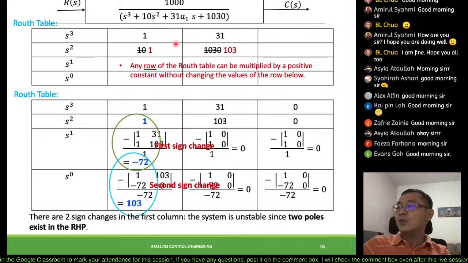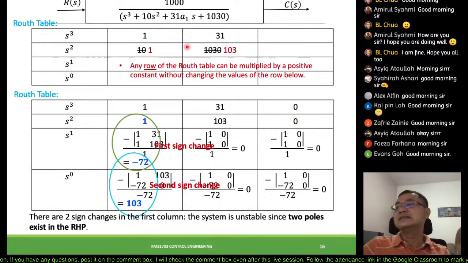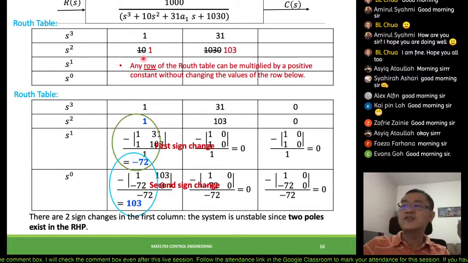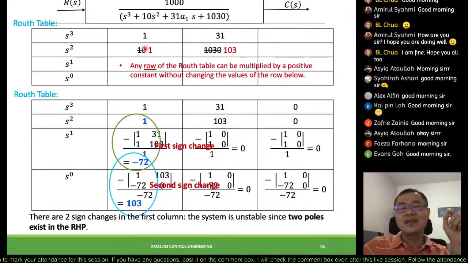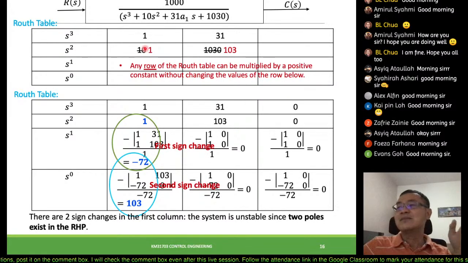Then once we get this one, actually in the Routh table we can further simplify, okay. For the same row itself, if we can do a factorization, in this case we can see that we can factorize with 10, okay. So if we divide it with 10, we never divide with a negative, because remember, we don't want to change the sign by ourselves, okay.